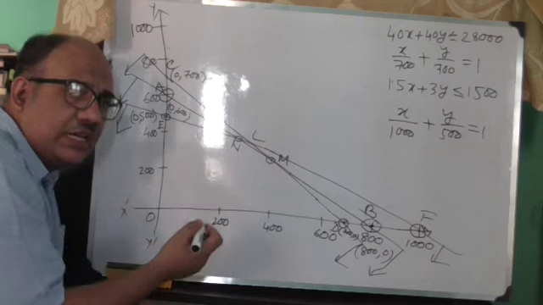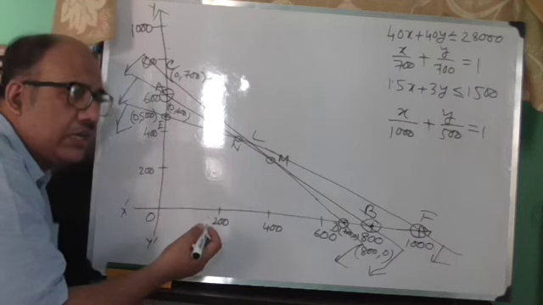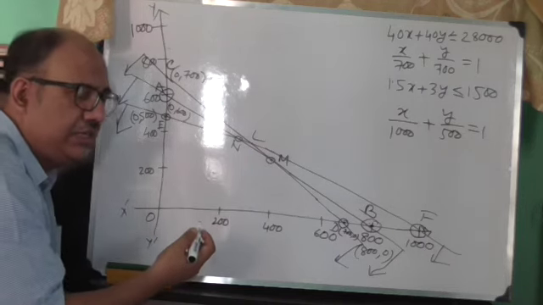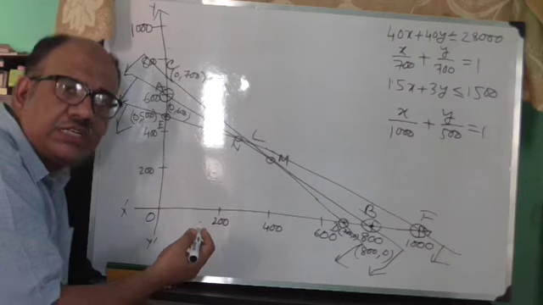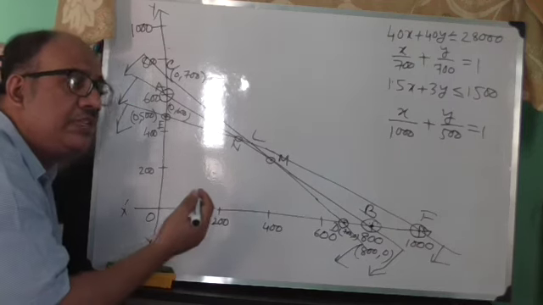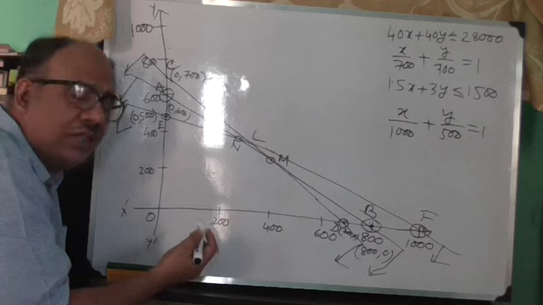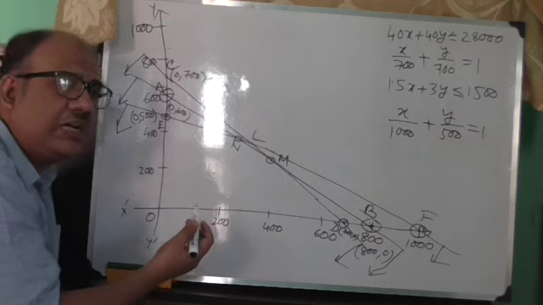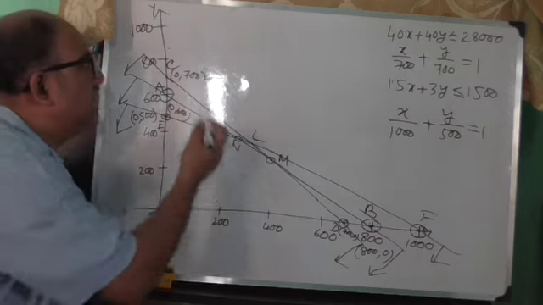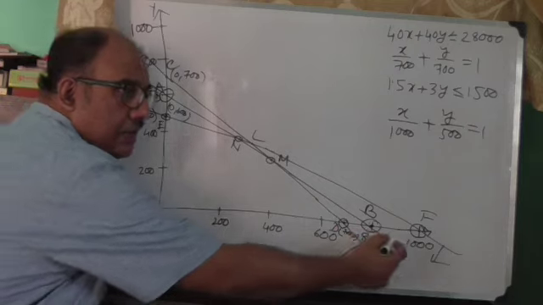Now, the next important thing is to find out the feasible region. What is the definition of feasible region? Feasible region is that region which satisfies all the constraints as well as the non-negativity restrictions. In this case, our non-negativity restriction is the first quadrant.